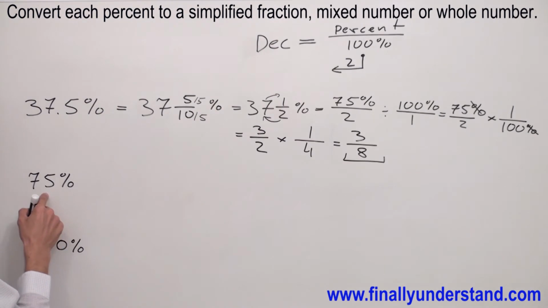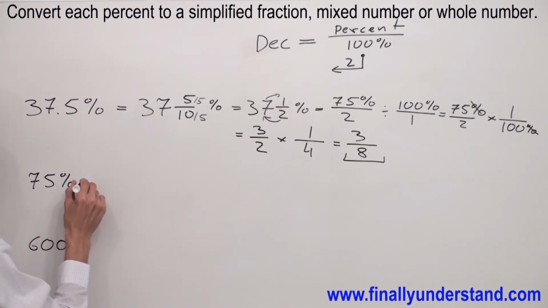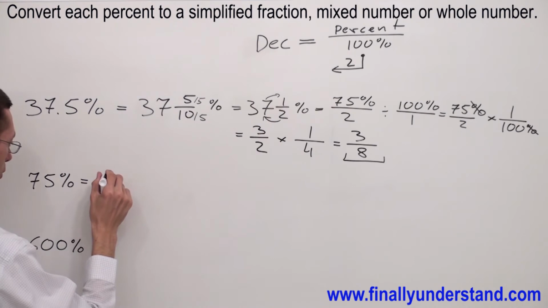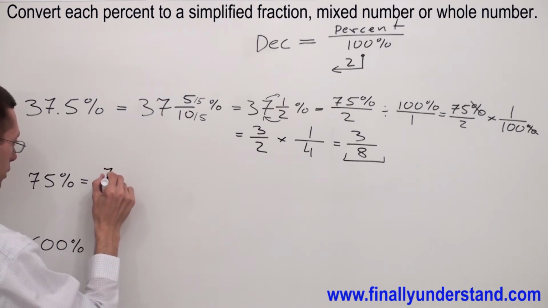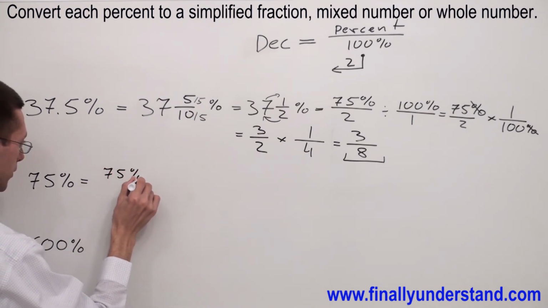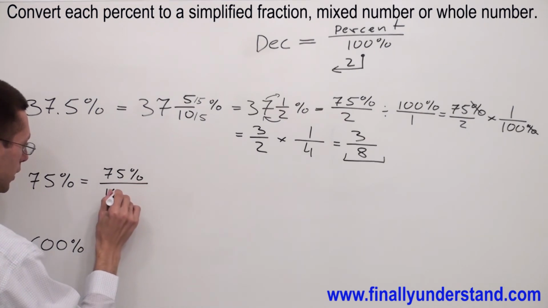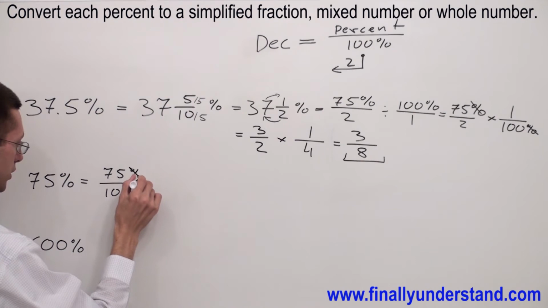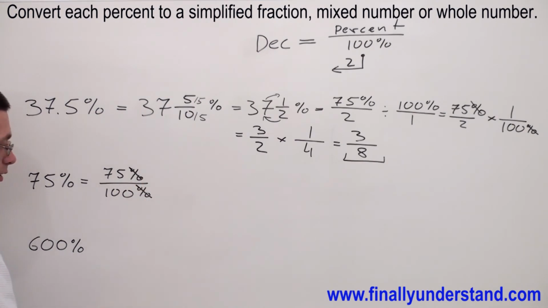Now let's take a look at this example. We said anytime we want to convert a percent number to a fraction, we have to divide that number by 100%. So I'm going to have 75% over 100. Remember, percent and percent will cancel out.